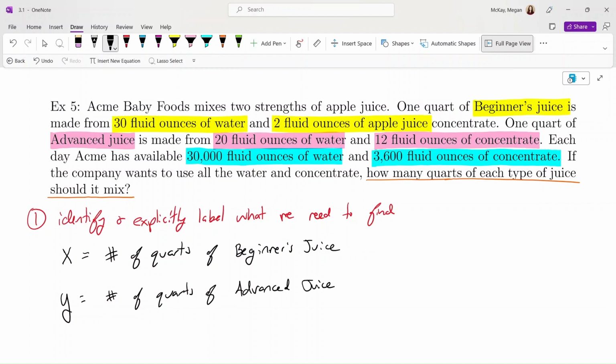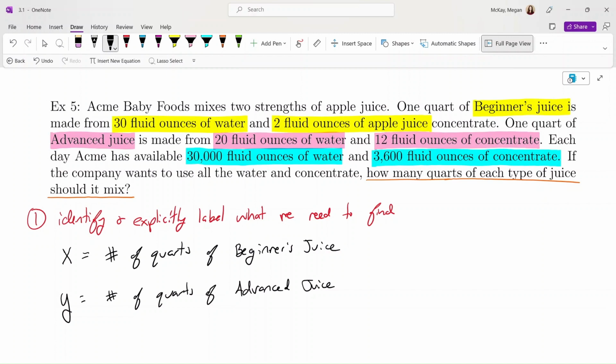Now, if you would like to use the variables b for beginner juice and a for advanced juice, or any other combination of variables, you are more than welcome to. X and y are typically the variables that you'll see in a math problem in two variables. That's why we choose to use them here. But as long as you identify them properly and clearly and use those two variables throughout the problem, you can choose any two variables that you would like. But with that, we're done with step 1. We identified and labeled what we are trying to find.